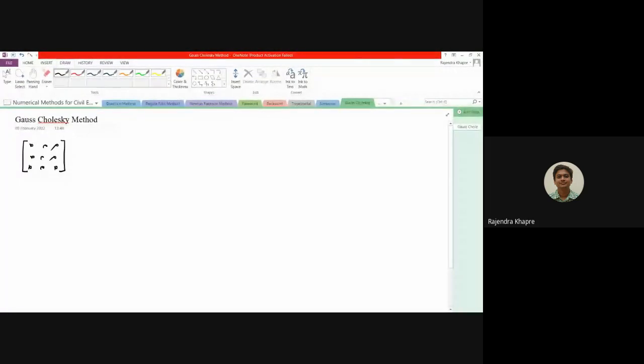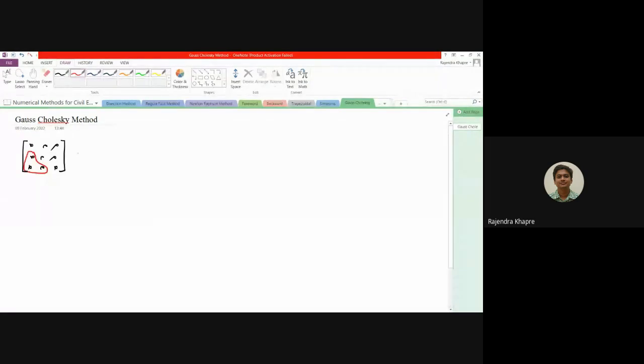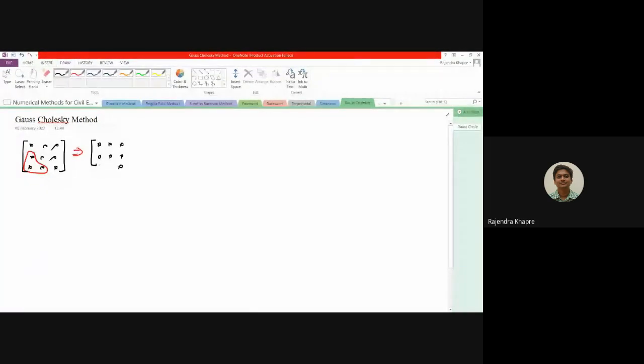We are eliminating the lower triangle, so that once it is eliminated, we have non-zero values in the upper triangle and zero values in the lower triangle. So this is the Gauss method.